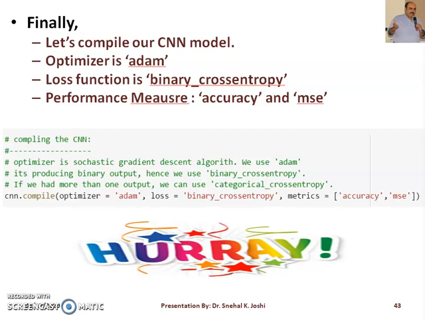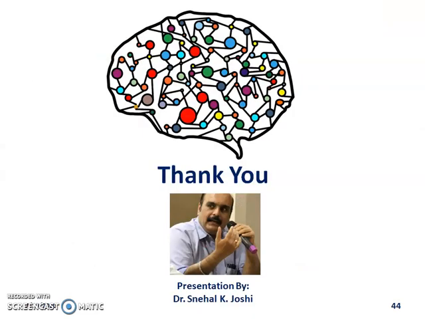If you want to learn more about that, you can go through my previous videos about backpropagation, where I have already explained it in detail. And the metrics, the performance measures that we will use, are accuracy and mean square error. So we define our performance measure metrics as accuracy and MSE. Great, so that's our CNN compiled.